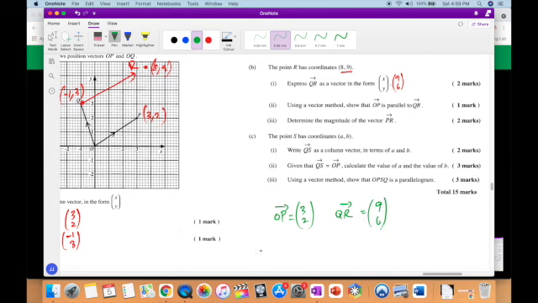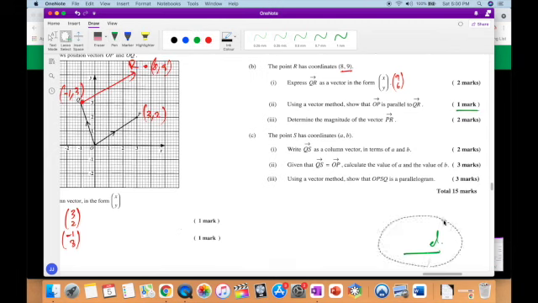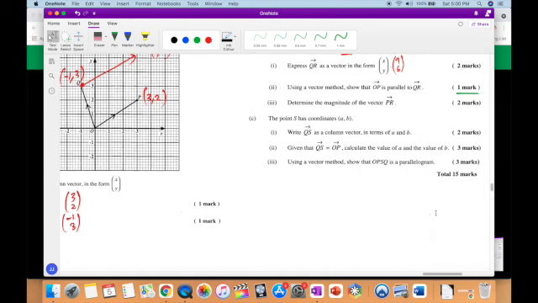So I could see here, therefore, QR is equal to 3 multiplied by OP. Therefore, parallel. That's all you had to put. You state them, you show the scalar relationship, show that they're parallel, you get your 1 mark. So yes, they are parallel.